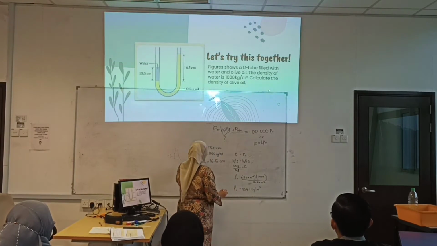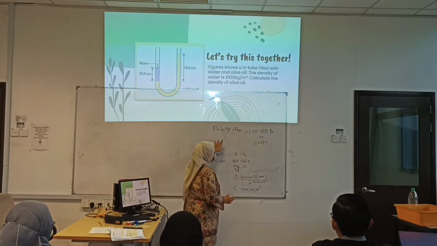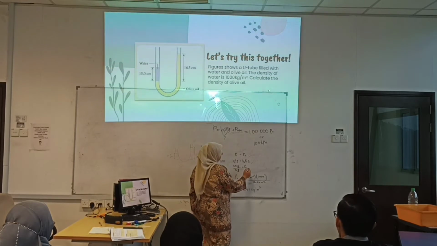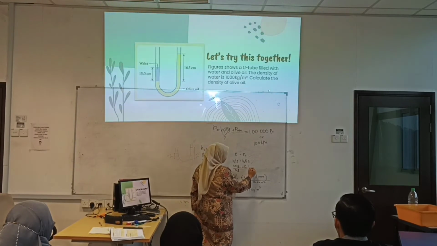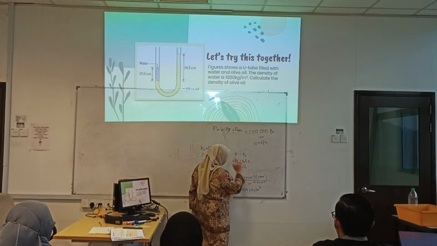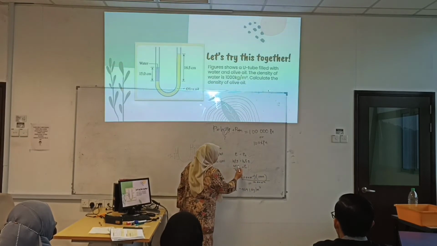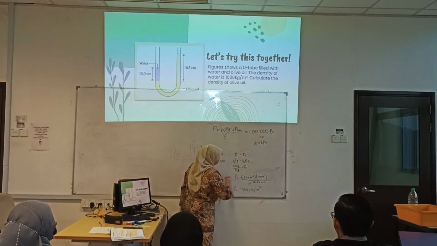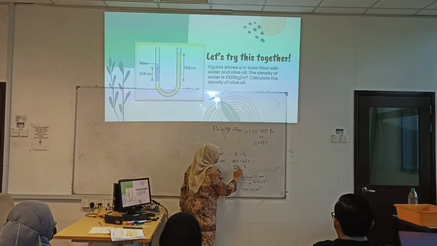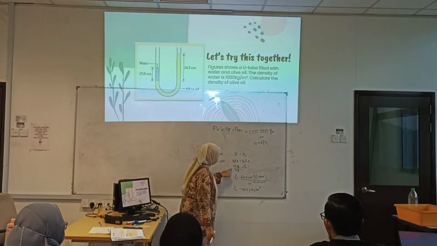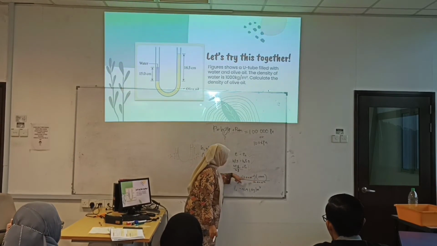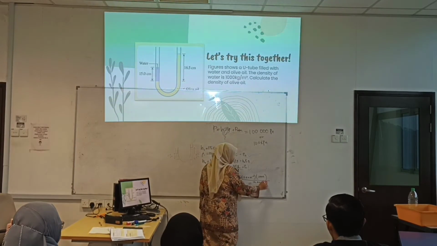What we want to find out is the density of liquid 2, the olive oil. So Anis rearranged the formula. And then the G can be cancelled because the same value gives 1. Alright. So substitute the values into the equation and you will get the final answer.